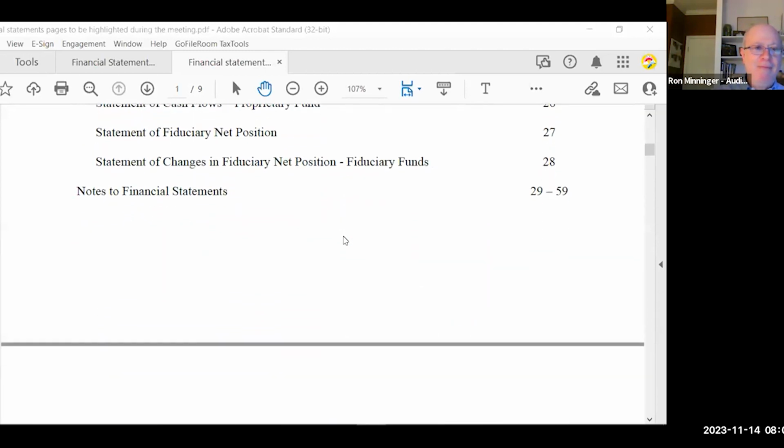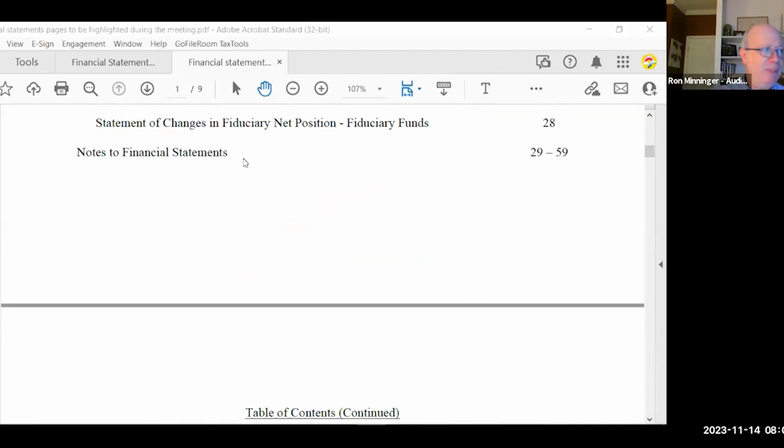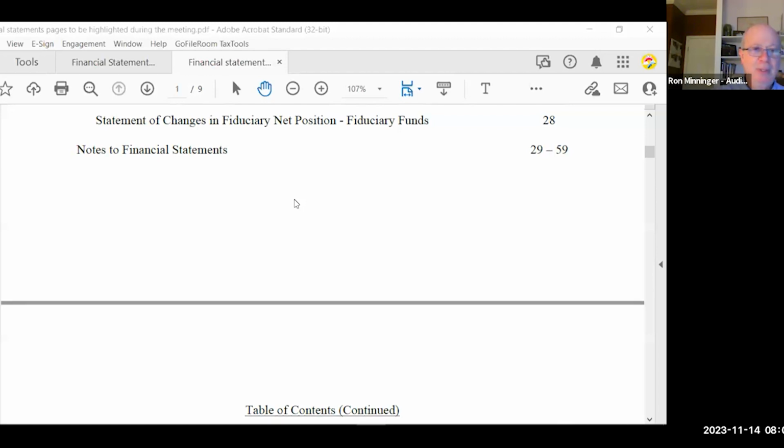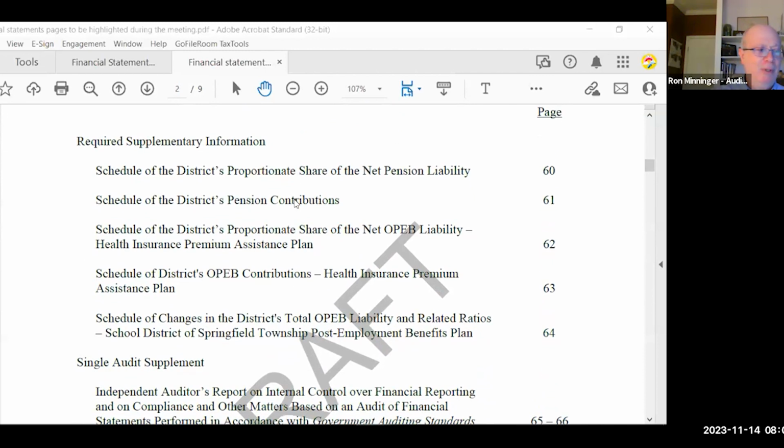So then we have various notes to the financial statements on pages 29 through 59. They provide a lot of details regarding the numbers shown in the financial statements themselves. Next page, we have required supplementary information. That is basically information regarding the state pension and other post-employment benefits plan.